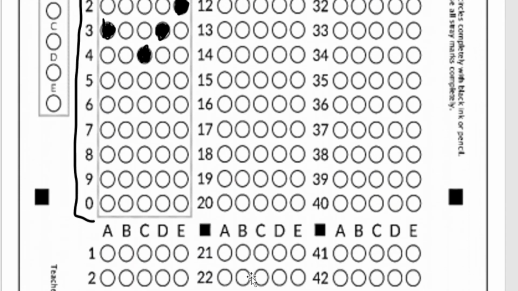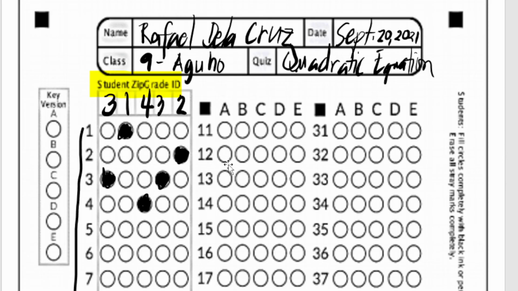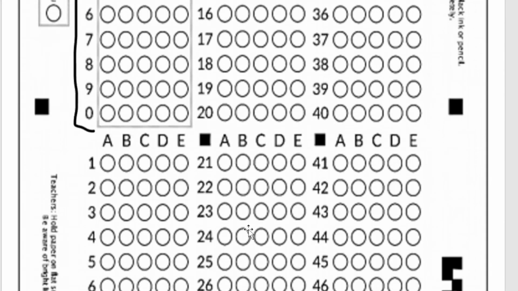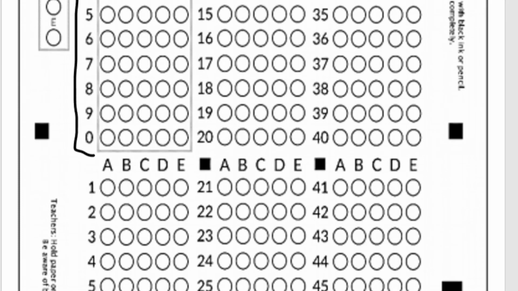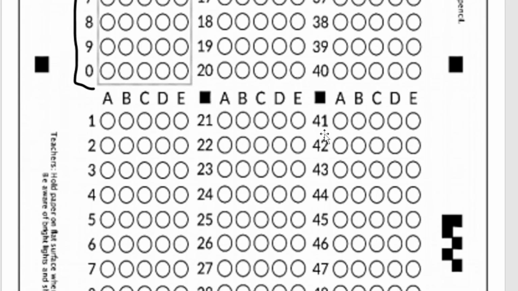The below part is item 21 to 30, then 31 to 40, then 41 to 50. If we have for example a 20 item test, all you have to do is answer according to its item number.